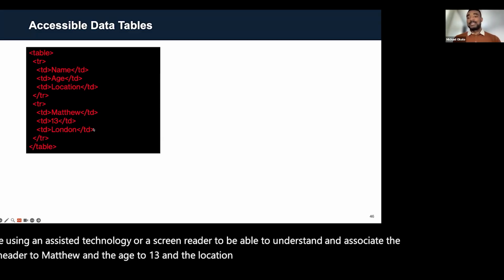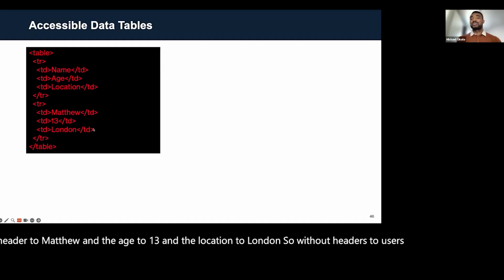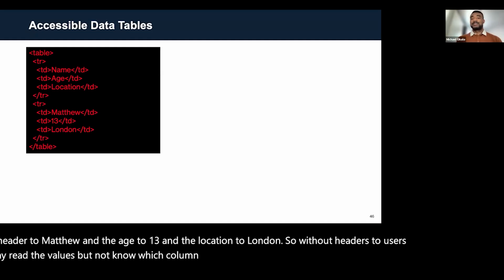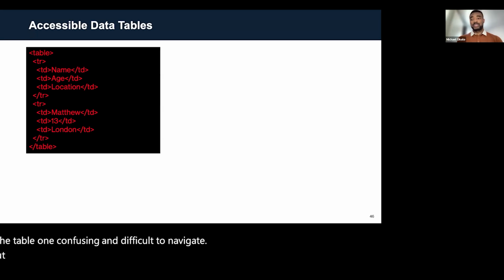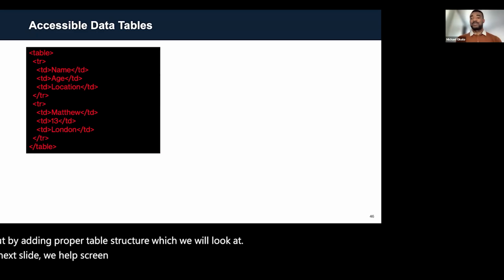Without headers, users may read the values but not know which column or category they belong to. This can make the table confusing and difficult to navigate. But adding proper table structure, which we will look at in the next slide, will help screen readers clearly associate each bit of data with its correct header.